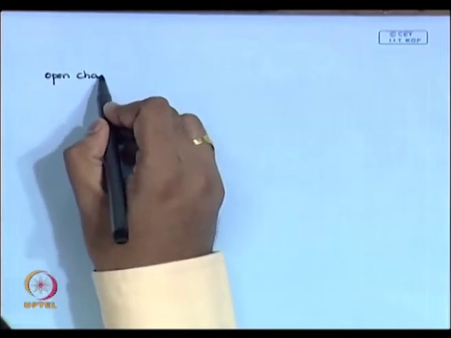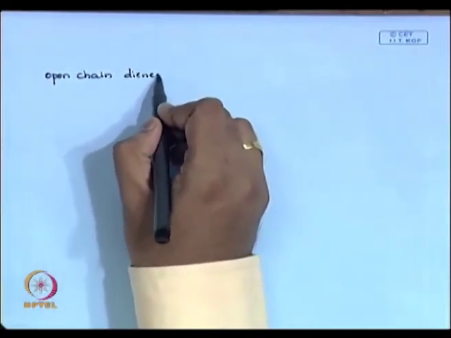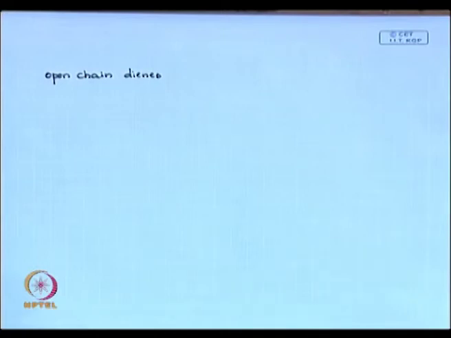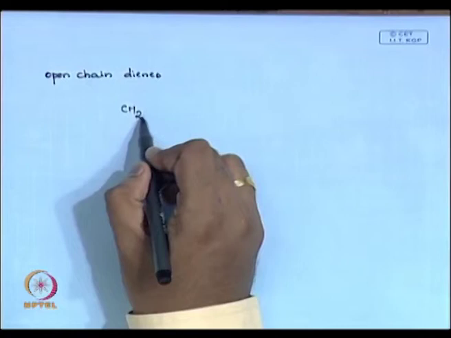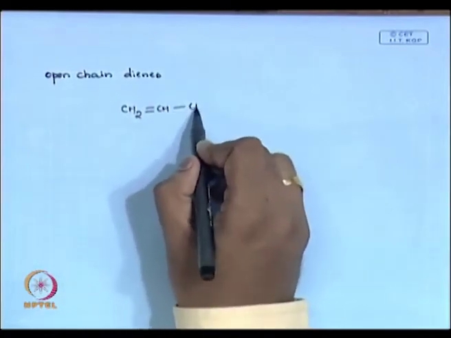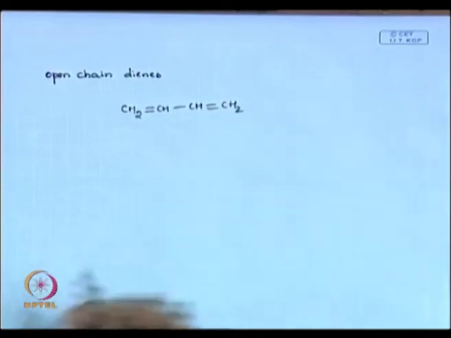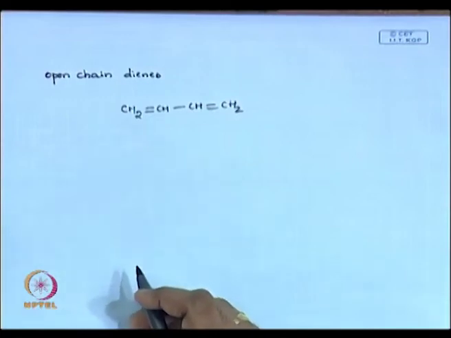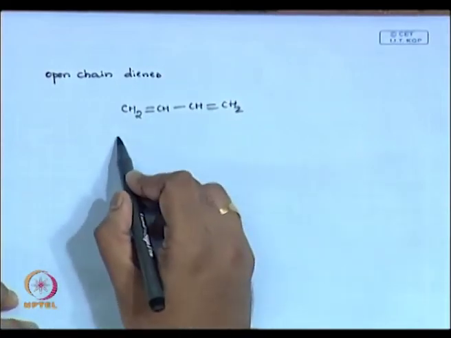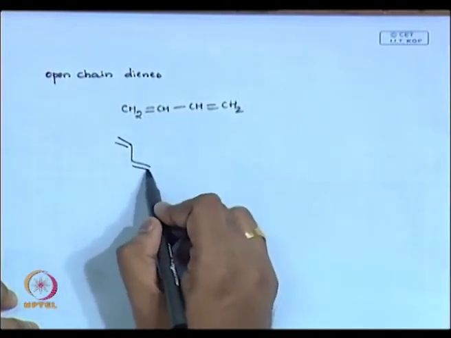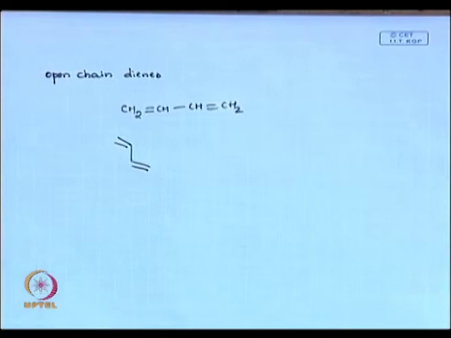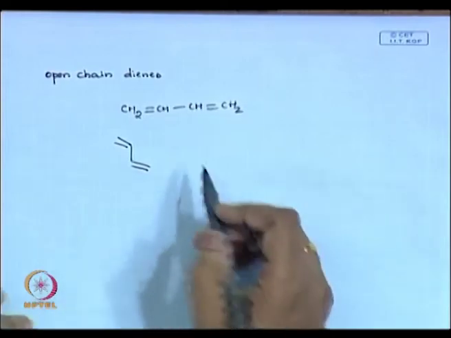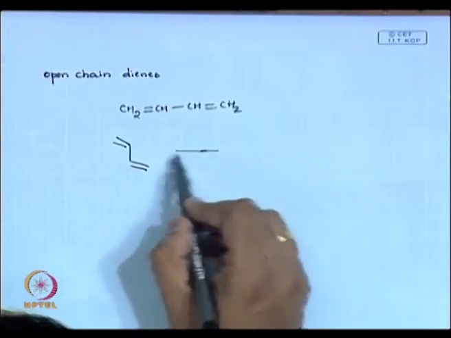Butadiene, right? If you take butadiene, I will write the general formula. Once you put it in solution, how does it normally exist? You have one transoid form and another cisoid form, right. It always will be in this equilibrium.